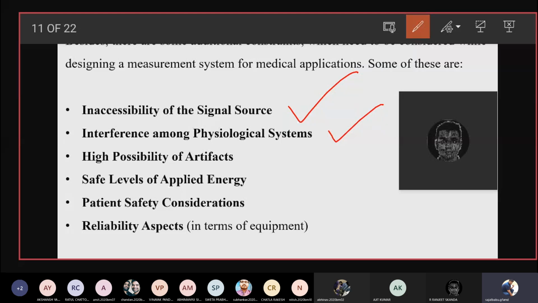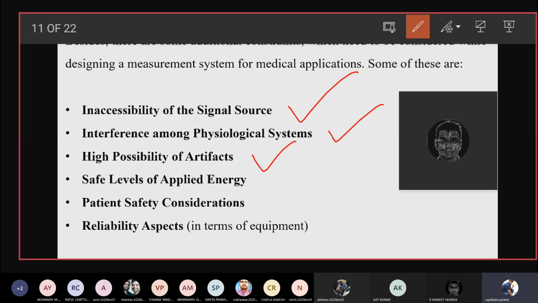And the next constraint that you are going to have here is high possibility of artifacts. Whenever you are designing an instrument for a medical application, artifacts are one of the important considerations.